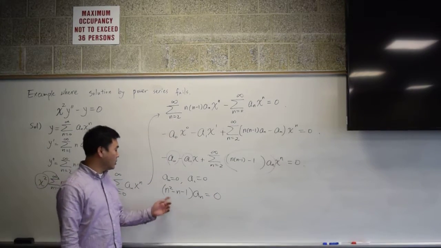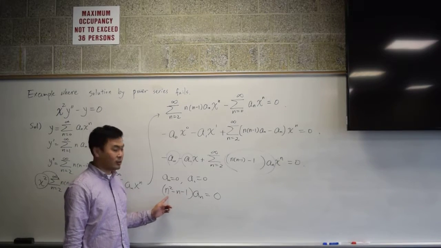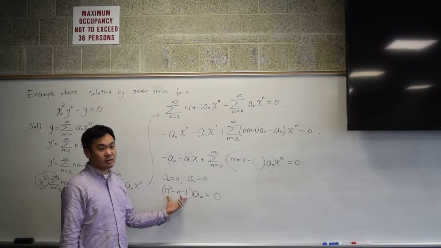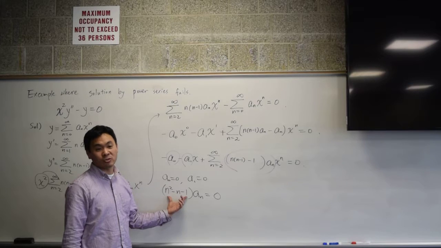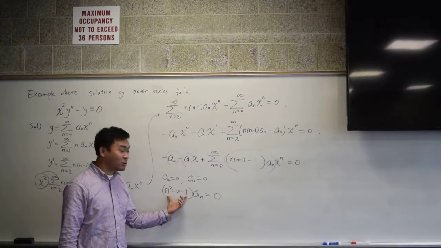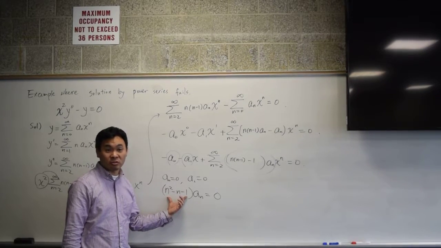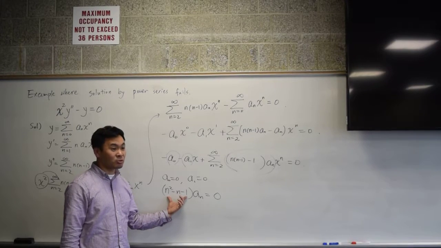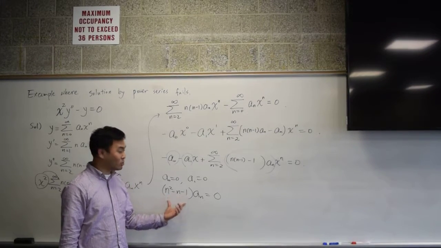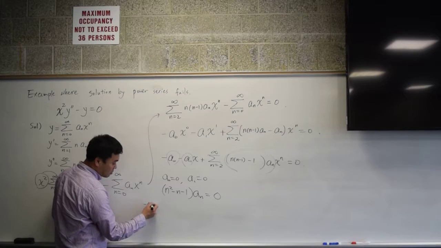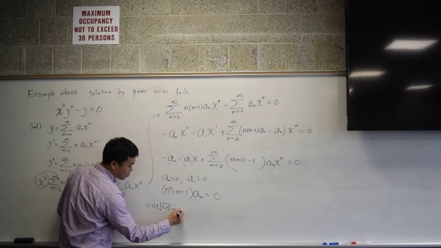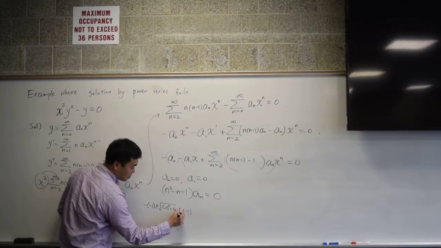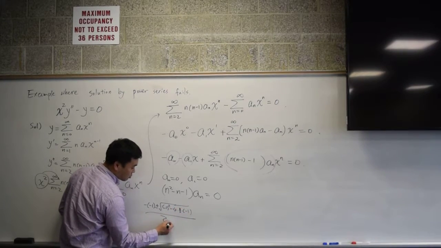But when is this 0? This thing is 0 when n is equal to 1 plus minus square root of 5 over 2. If you set this equal to 0 and solve it as a quadratic equation, n is equal to negative of negative 1 plus minus square root of negative 1 squared minus 4 times 1 times negative 1 over 2 times 1.